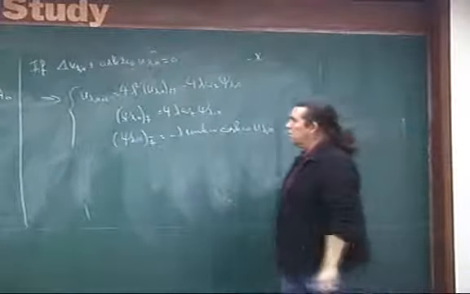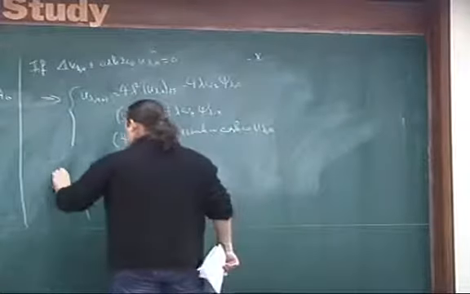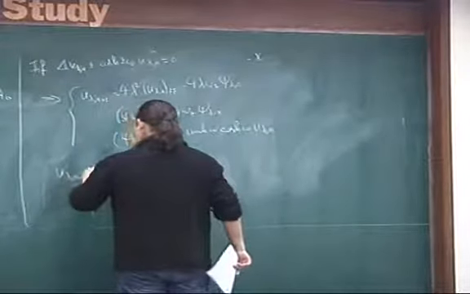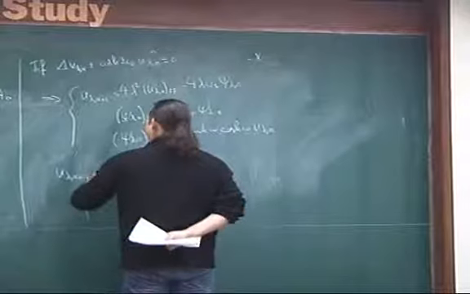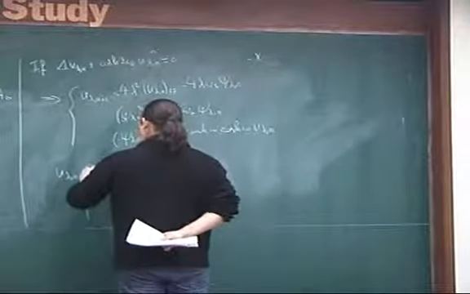Then U lambda n plus 1 is Jacobi, satisfied.